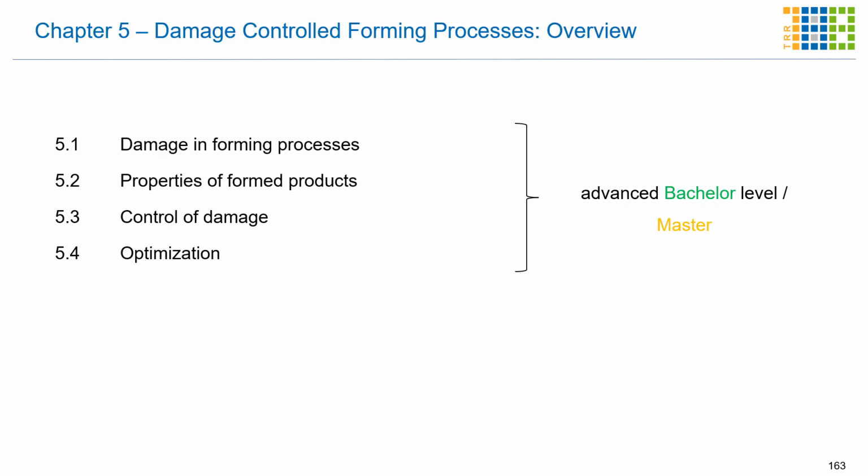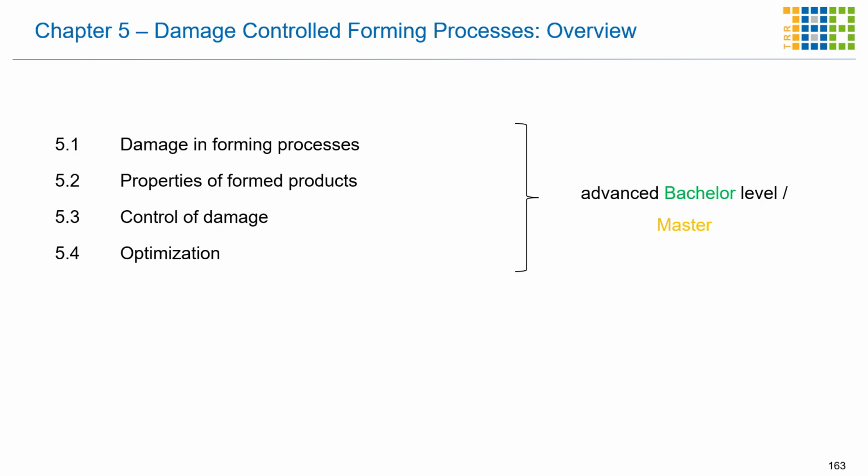For both routes, we have structured the following slides in 4 subchapters: damage and forming processes, then the properties of the formed products, so sheet products as well as bulk metal formed products. Then we will discuss how we can control the damage by adapting the manufacturing process itself.